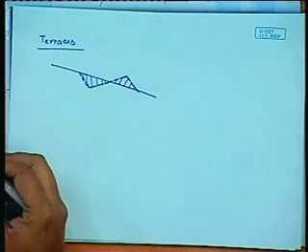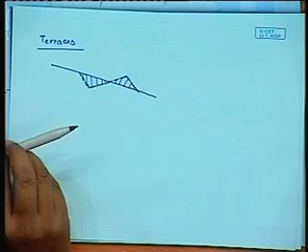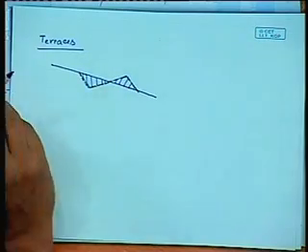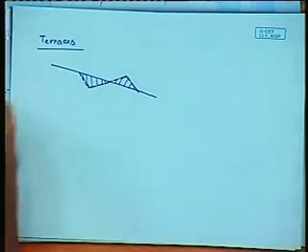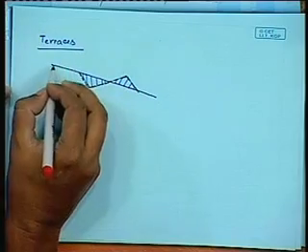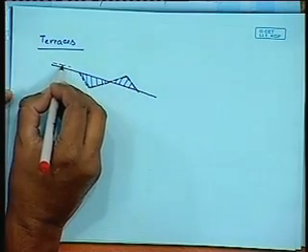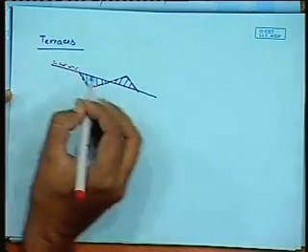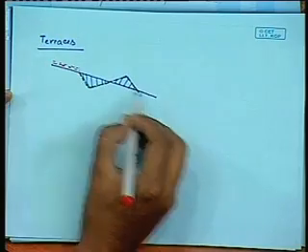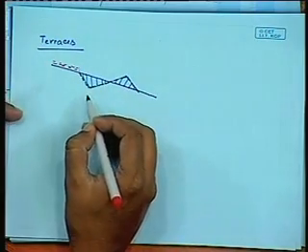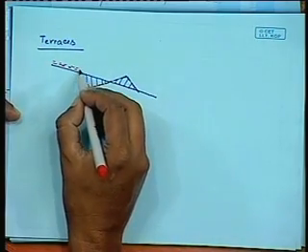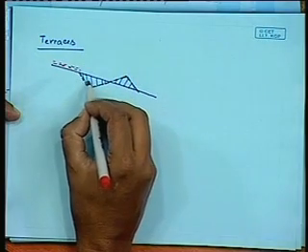What is happening here is that the rainwater, instead of running down the slope, would finally accumulate here.